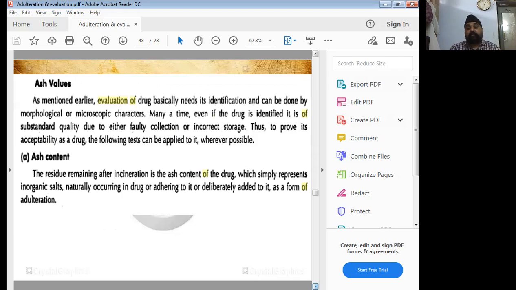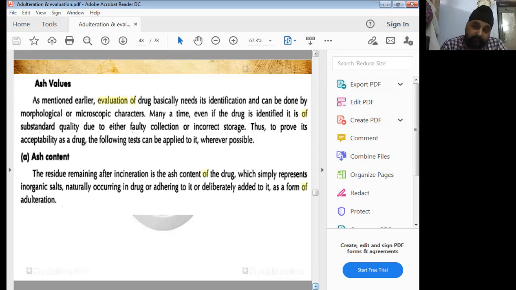Then yes, we also determine the ash values. Ash value is basically the residue which is left after incineration. Incineration means burning of the material, and the ash which is left after the burning is called ash content.